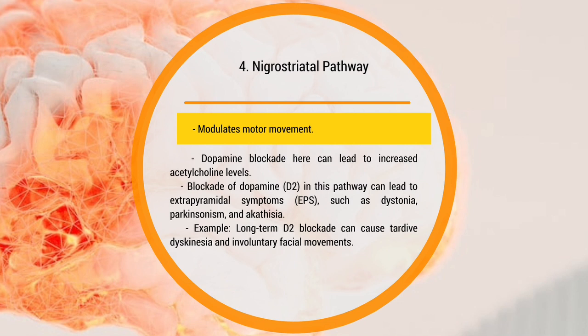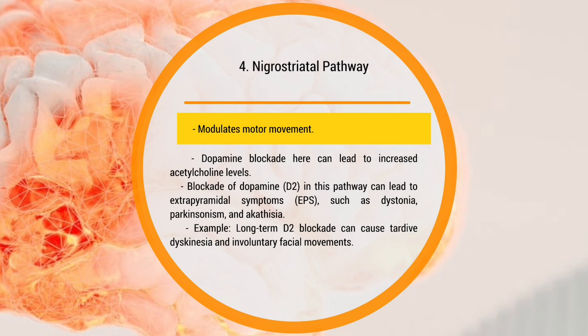So when this happens, it can lead to extrapyramidal symptoms, better known as your EPS, such as dystonia, parkinsonism, and akathisia. Okay, it can also lead to TD, right, which is also part of your EPS symptoms. For example, long-term D2 blockade can cause tardive dyskinesia, TD, and involuntary facial movement.